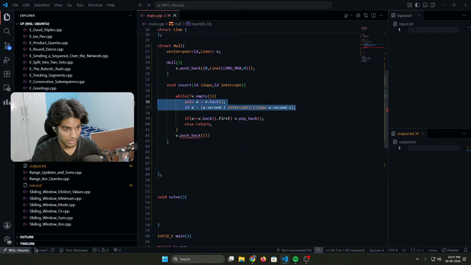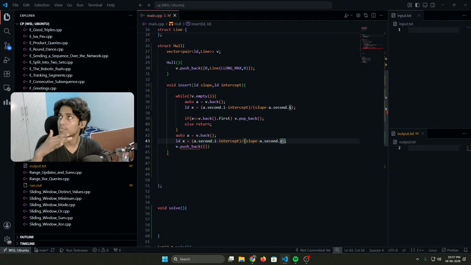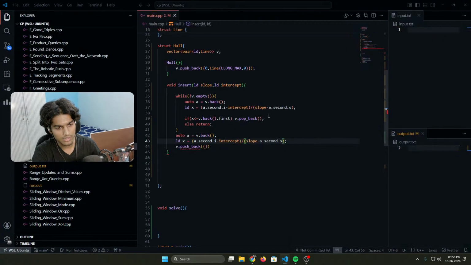Okay, this is completely fine. But I need to be careful about the slope. If the slope is same, that means lines are parallel. So there will be no intersection between them. But I know slopes are increasing, so this is not going to be equal, right?